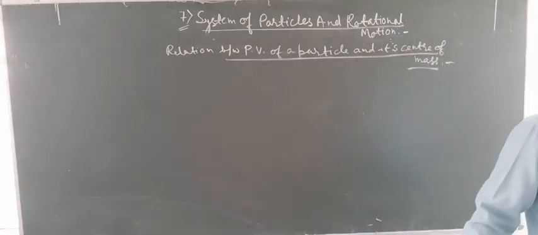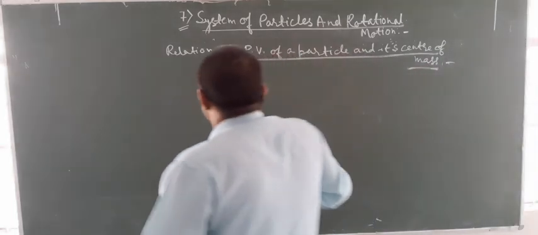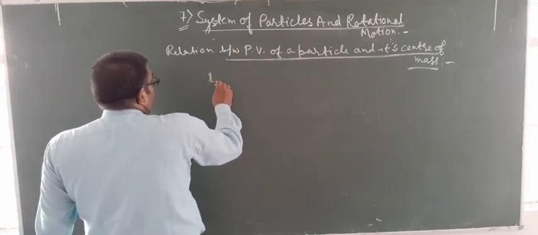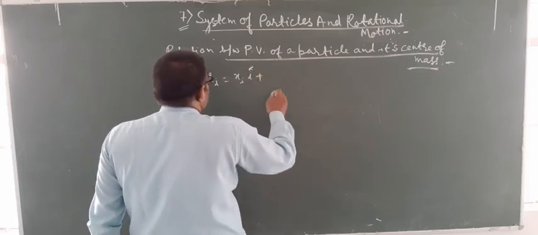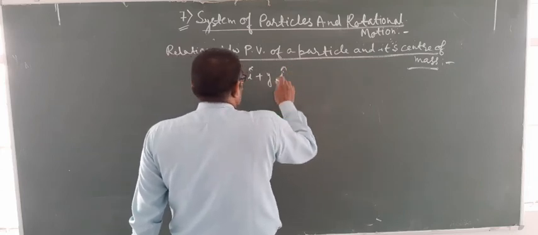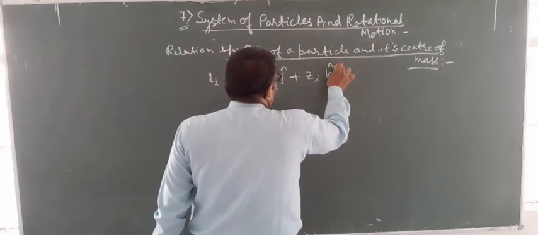Suppose ri is the position vector of the ith particle and R is the position of the center of mass. ri is equal to xi i cap plus yi j cap plus zi k cap.